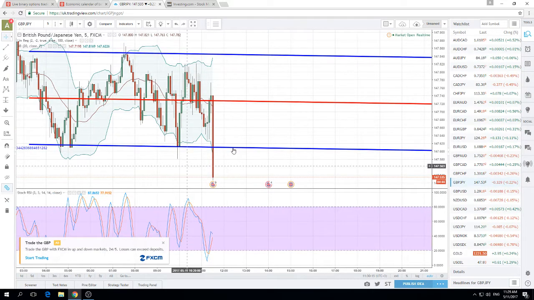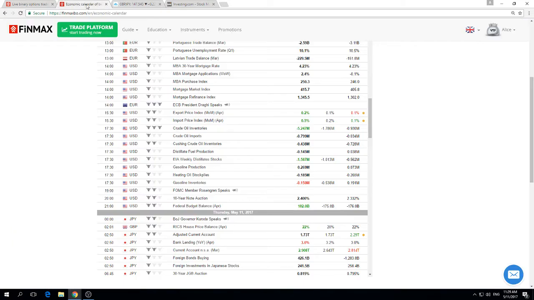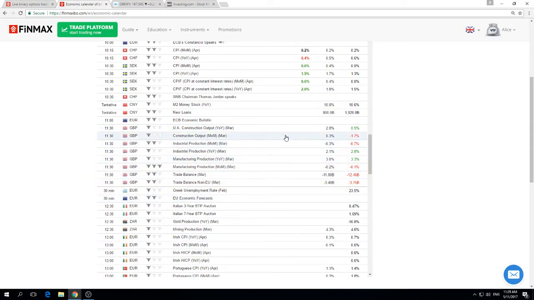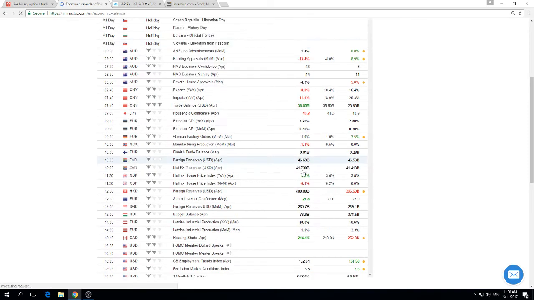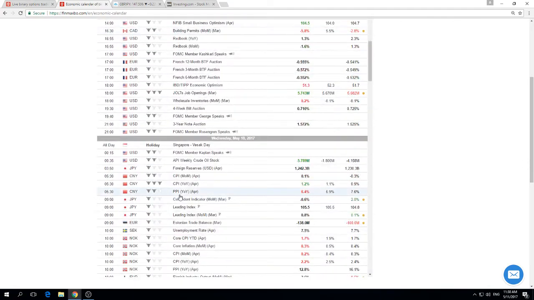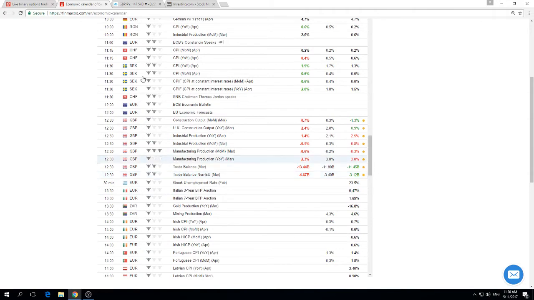Okay, so currently we have the influence of this event on the market. I'm sorry, of this event on the market, and let's refresh the page to see was it positive or negative. But as far as I see, the British pound started to move down. Yes, it was negative.